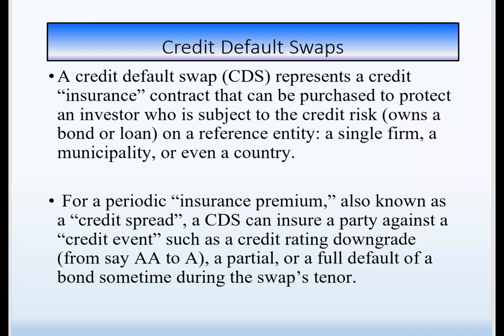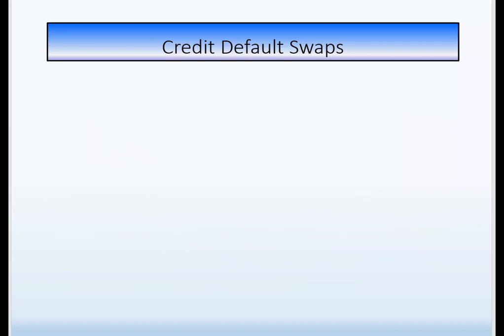The insurance premium is called a spread because if the buyer owns the underlying bond plus owns a CDS, the credit default swap, and pays that spread, the bond or loan in effect becomes a risk-free asset that earns the risk-free rate. Let me show you the math. Let's suppose you own a fairly risky bond, which is why you bought credit insurance in the first place.